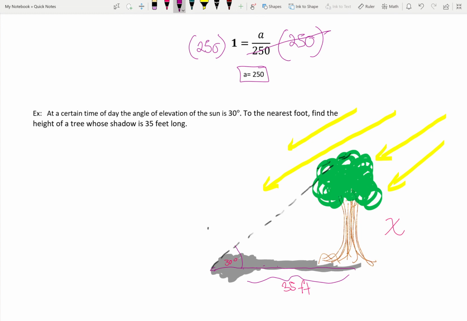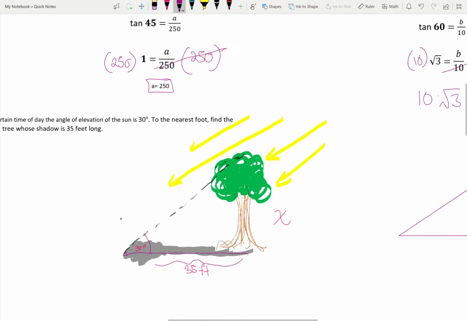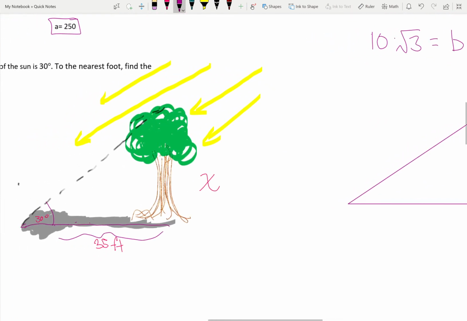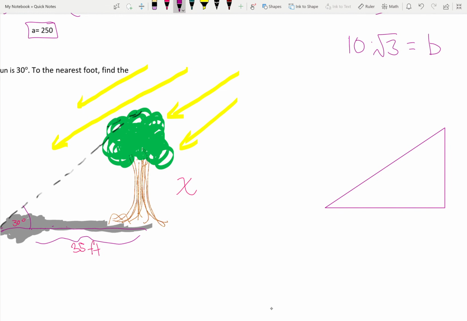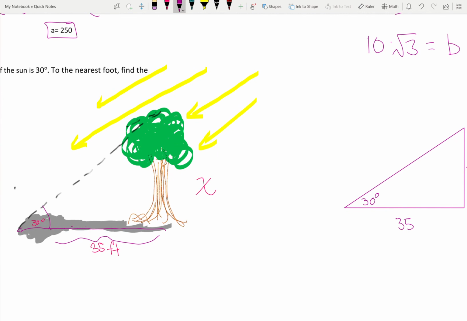Well, if I take a step back, instead of looking at this beautiful picture that I painted for you with shadows and sun rays, we can really simplify this thing down to a right triangle, right? This picture is actually this picture, where x is the height of the tree, 35 is the base or the shadow, and 30 degrees is the angle measure when I'm looking up to the top of the tree.